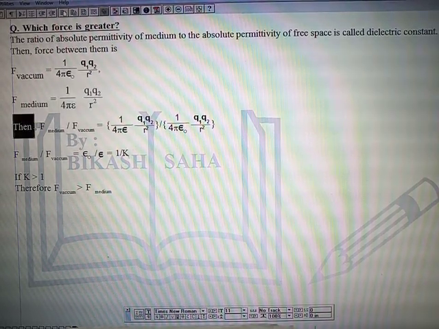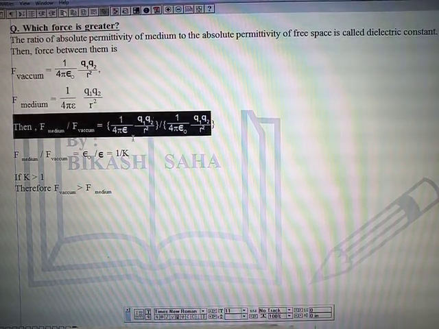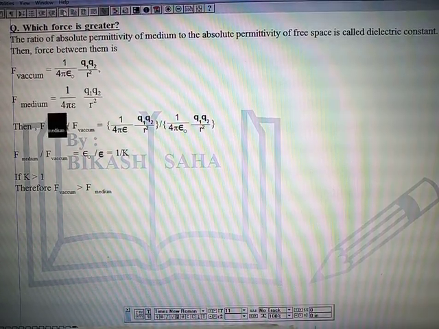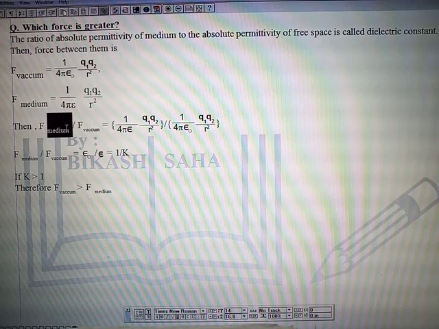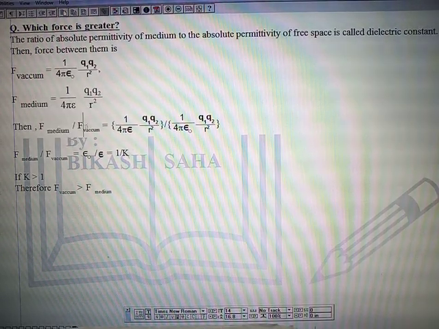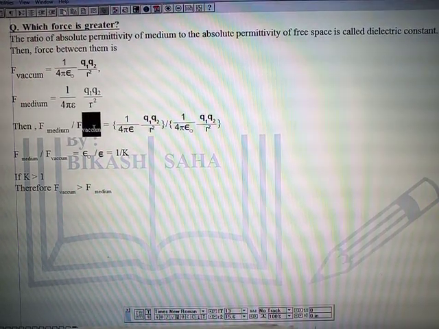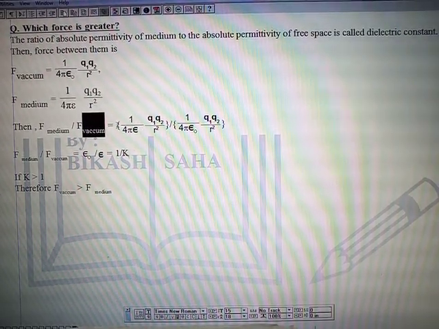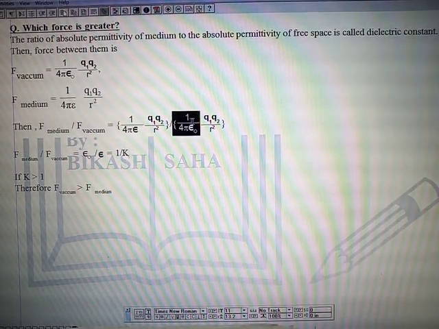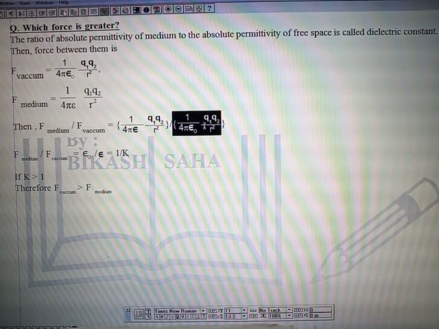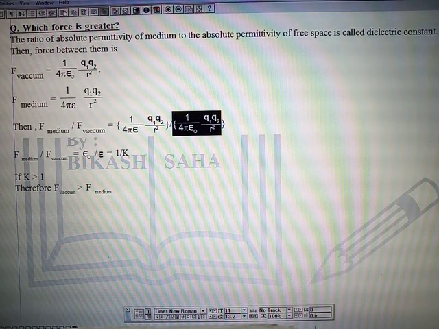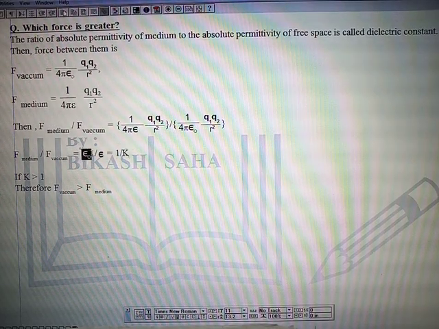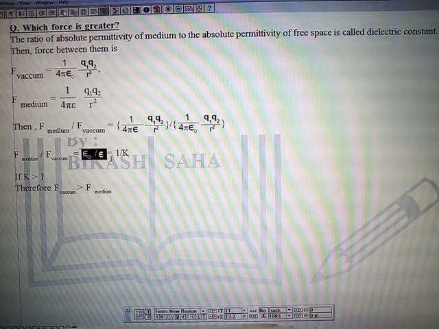Then if I divide force in the medium by force in the vacuum, what will you get? As usual, put both the values here, number 1, number 2. Divide them. You will get epsilon naught by epsilon first.